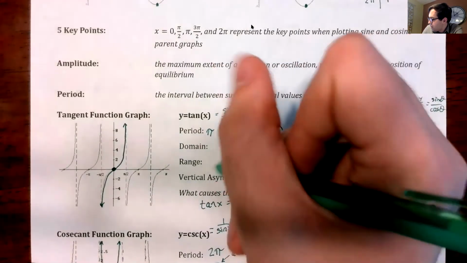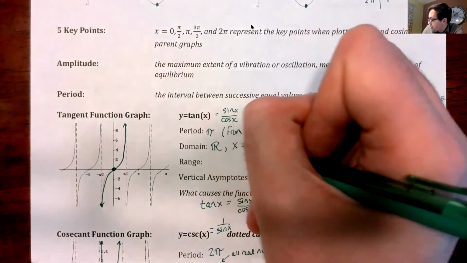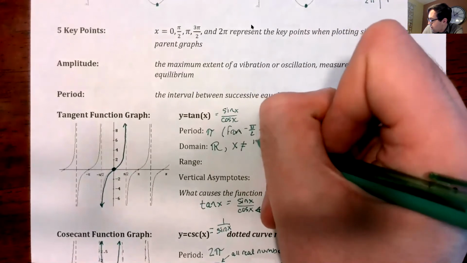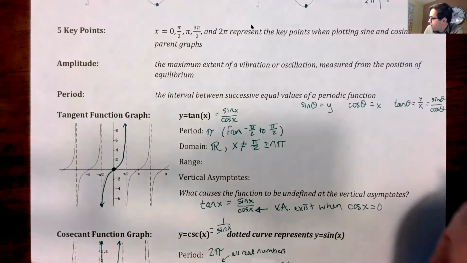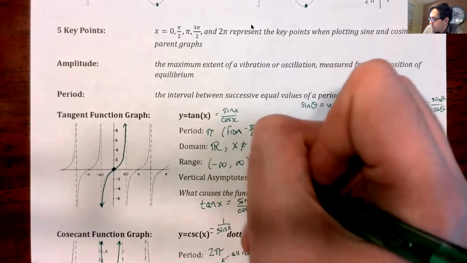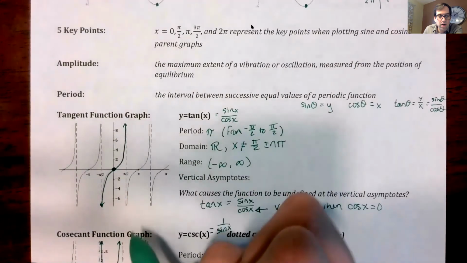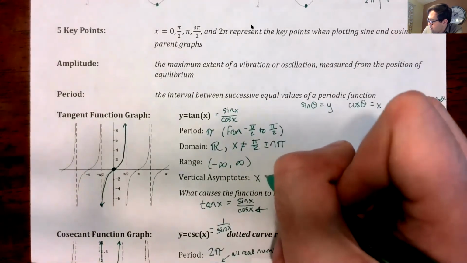So for the domain, this time we have all real numbers. X does not equal pi over 2 plus or minus n pi. For the range, this time all real numbers from negative infinity to infinity are part of the range. And our vertical asymptotes happen at those same spots from the domain.